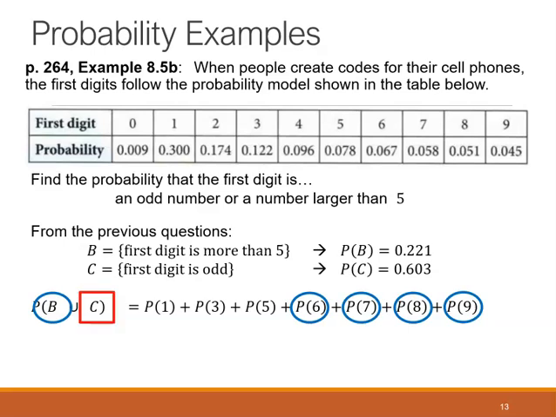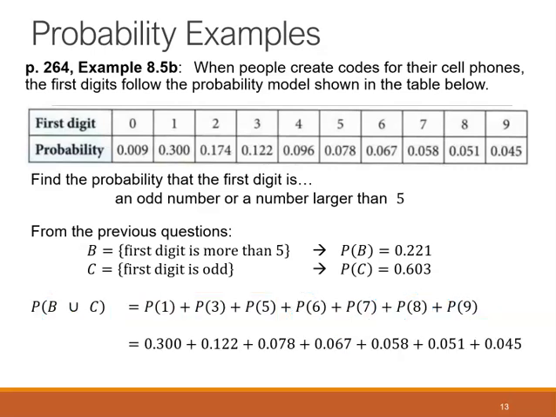So we need all the things from B, all the things from C. You can see that 7 and 9 are the two that are making this not mutually exclusive, that these events are overlapping. There are outcomes in common between both of them. So I just copy my numbers in from the table, add them all up, and there we go.